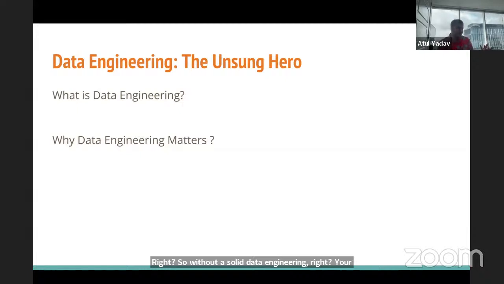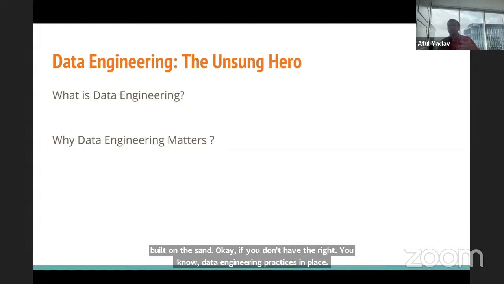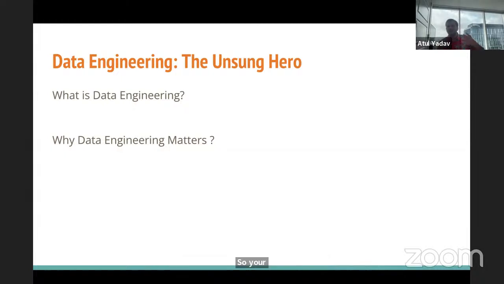If you don't have the right data engineering practices in place, your AI and ML project cannot last for a long time. It will not have the efficiency or the scalability, because you don't have the proper infrastructure, the right pipelines, or the right processes in place.